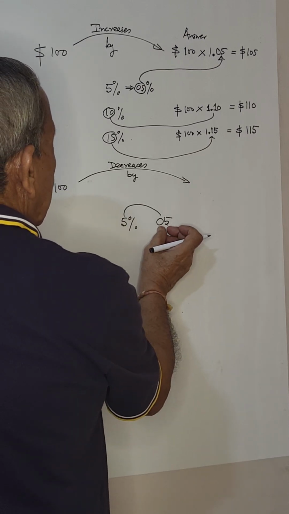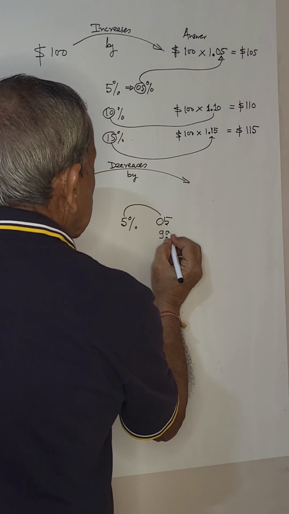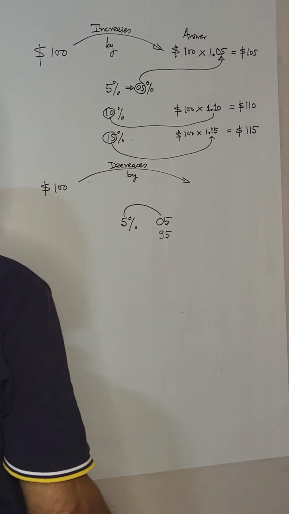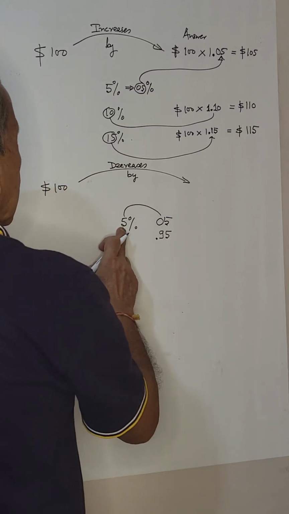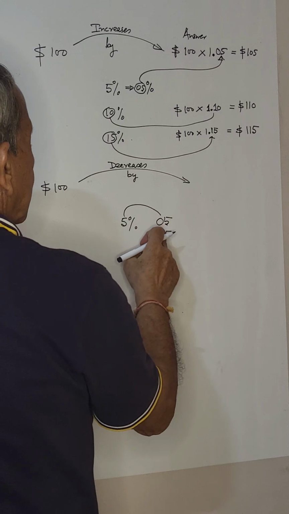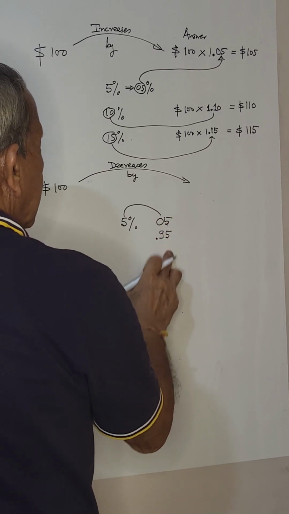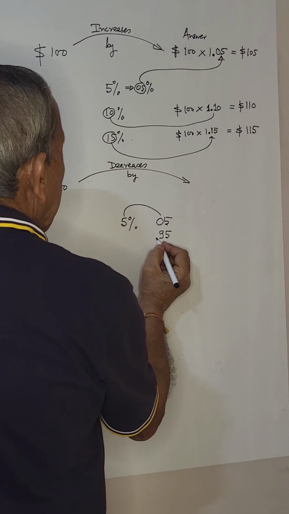Subtract this from 100, you get 95. And then put a decimal point here. Make it double digit as we did here.